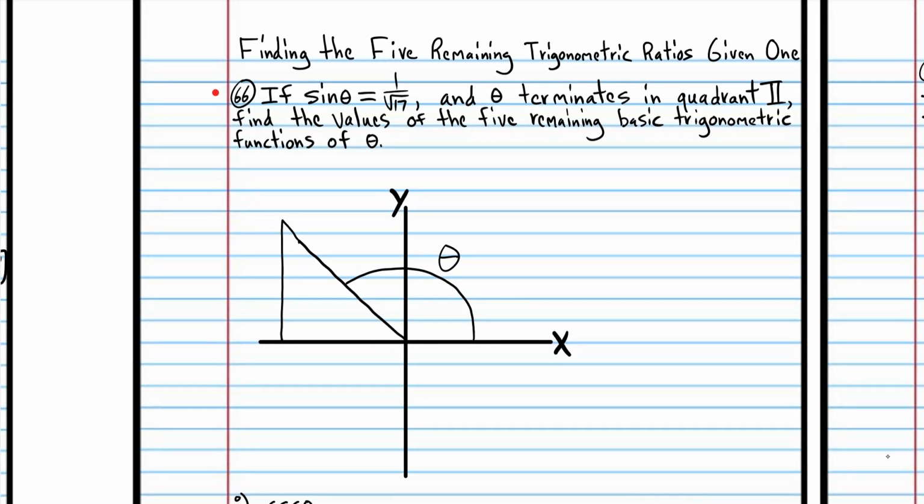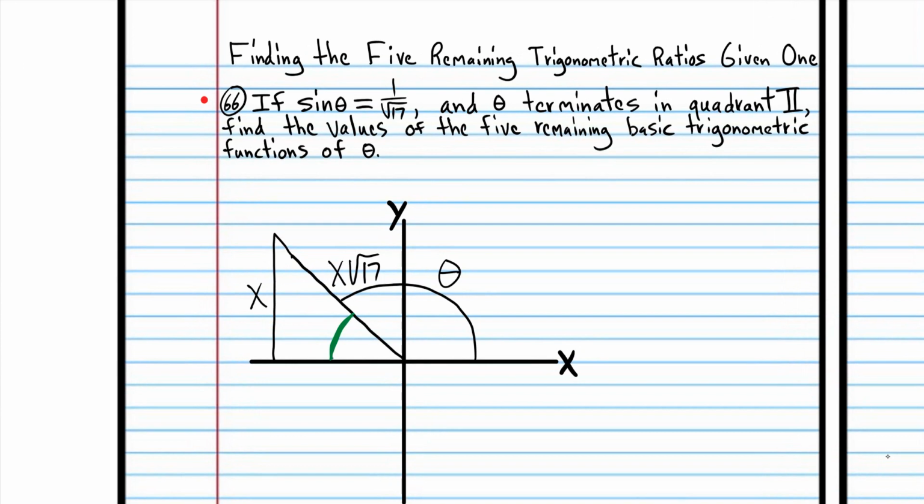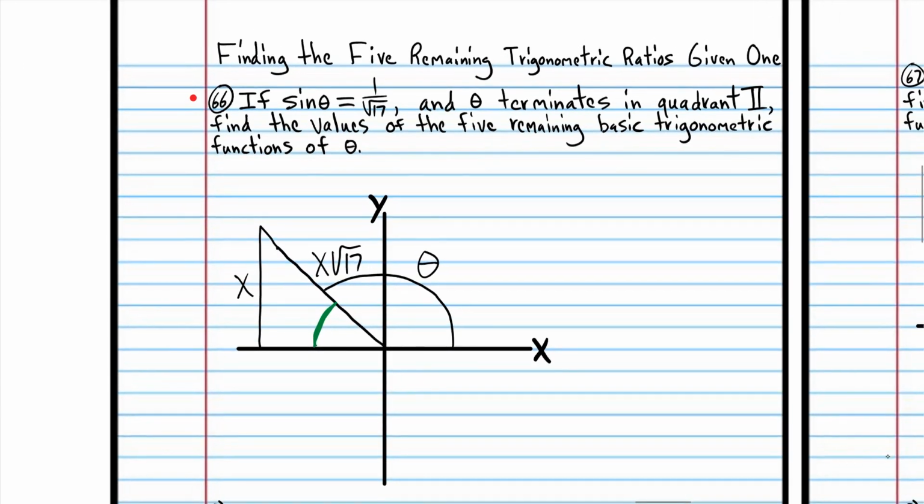But we do know that the side opposite the reference angle, which is the green angle, is going to be some number x, and the hypotenuse is going to be x times root 17. Why are we writing x? The reason is that we don't know exactly what the side lengths are. We know the ratio is 1 over root 17, but that doesn't prove that one side is 1 and the other side is root 17 necessarily. It turns out we don't really need to know the actual lengths because we're just looking for ratios.